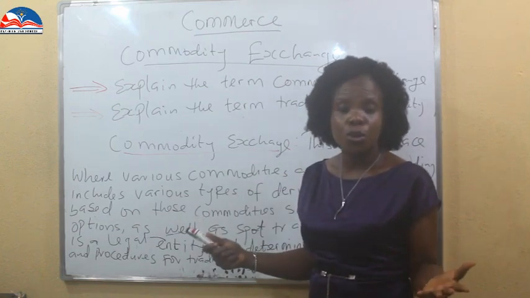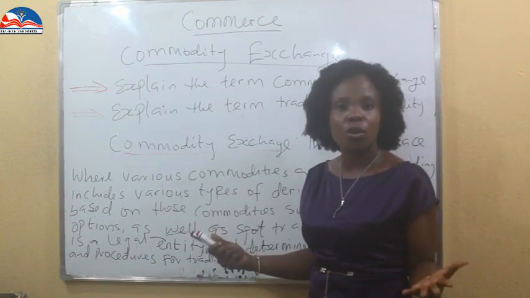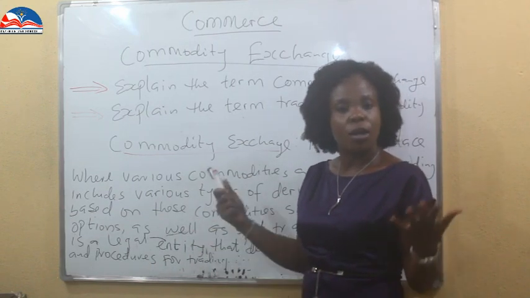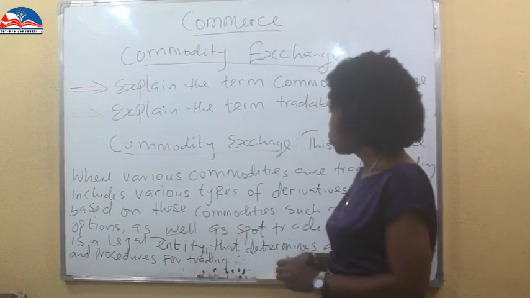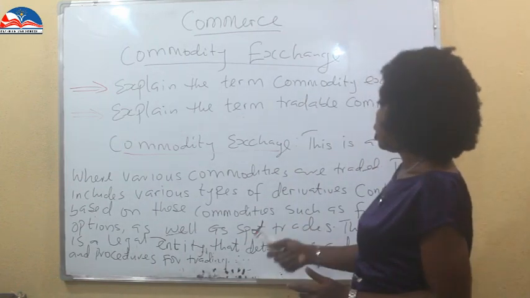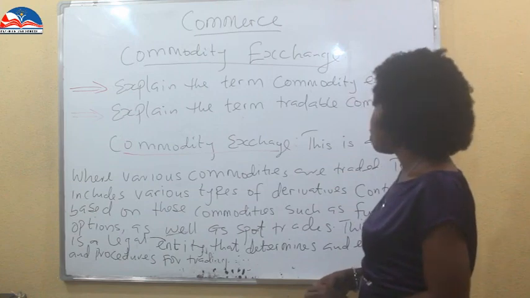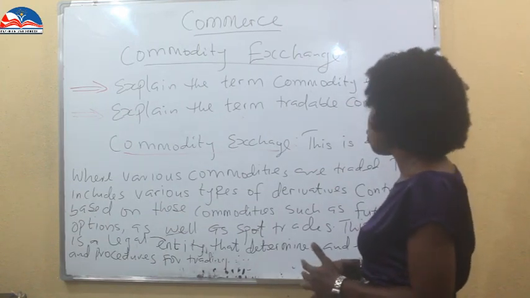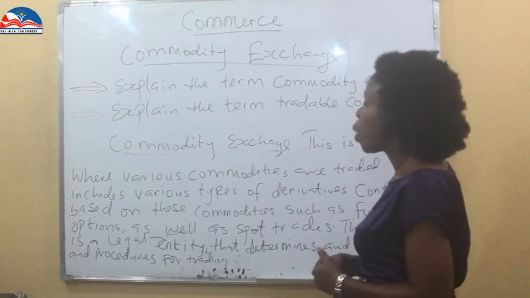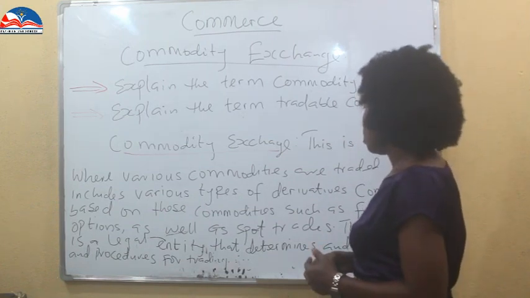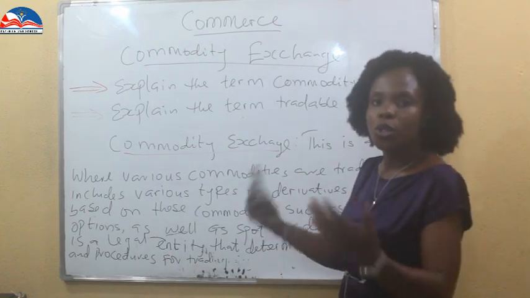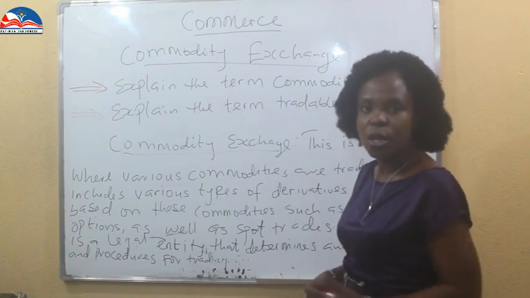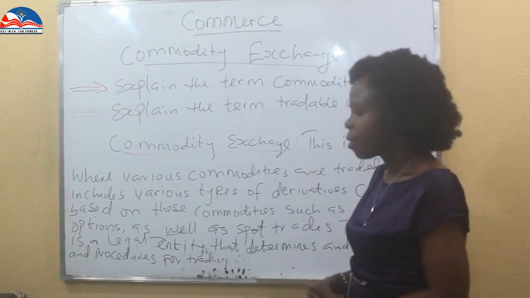We talk about wood, which falls under agriculture, livestock, which falls under agriculture, food and its derivatives that fall under agriculture. Then they include various types of derivative contracts based on these commodities, such as futures and options, as well as spots. Spots trade, trading of futures, trading of options, all of them are done in the exchange.